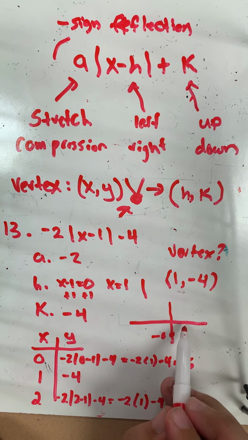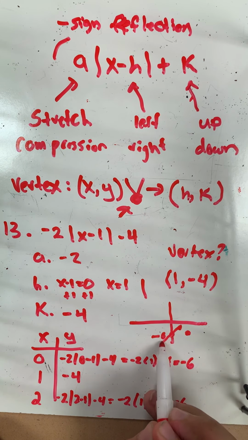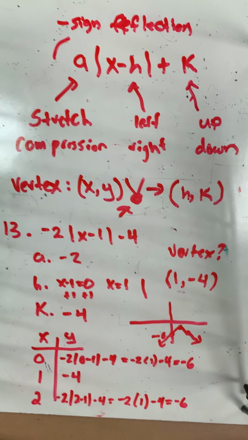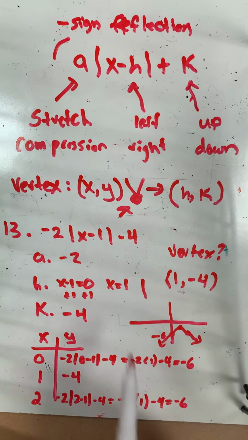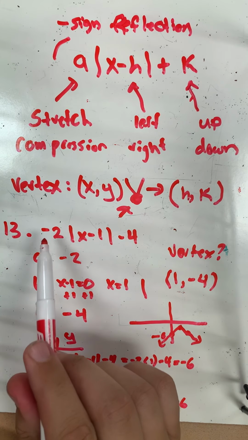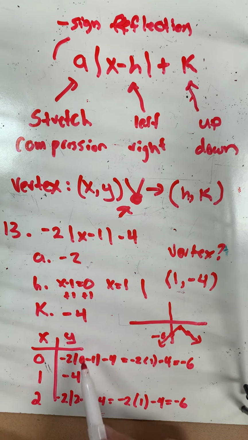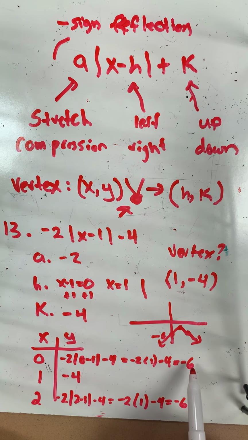At 1, I have -4. And at 2, I have -6. And yes, it's just a sketch. So when I graph it, boom, there's my graph. And it should be pointing down because I have a negative value in front of my A. And as we see here in the table, I have -6, -4, -6. So I have my V with my numbers.